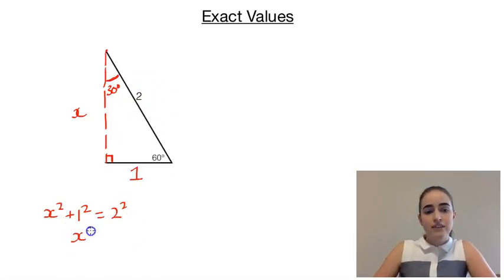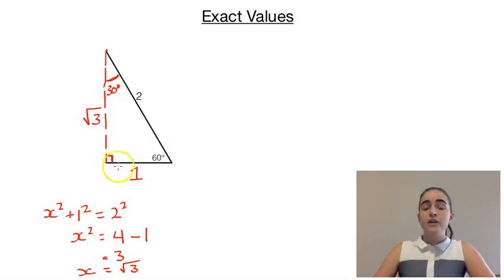So that means that x squared is going to be 4 minus 1, which is 3. So x, that side, is going to be root 3 units long. So we'll just rub that out and replace that with a root 3. Okay, so now we have a right angled triangle. We know all the angles and we know all the side lengths. So now we can have a look at our ratios.